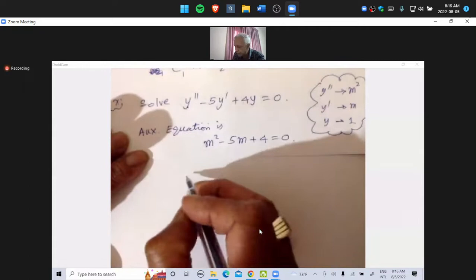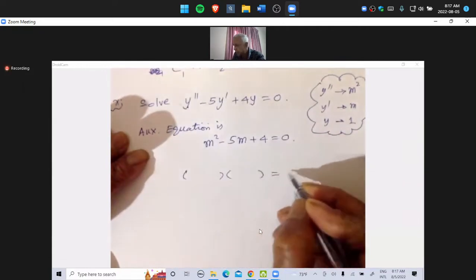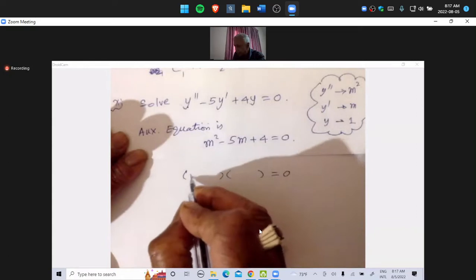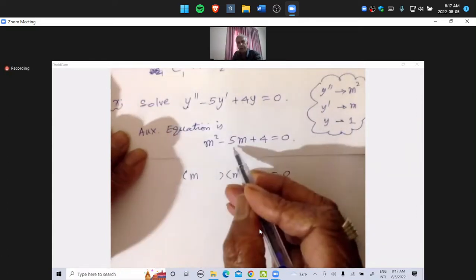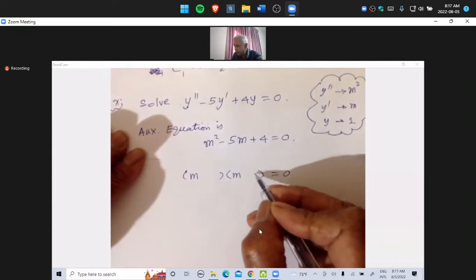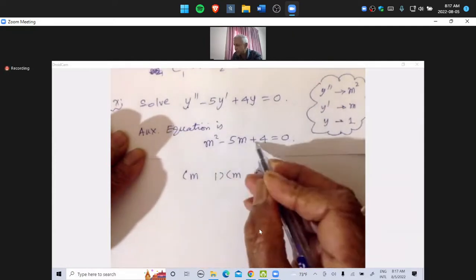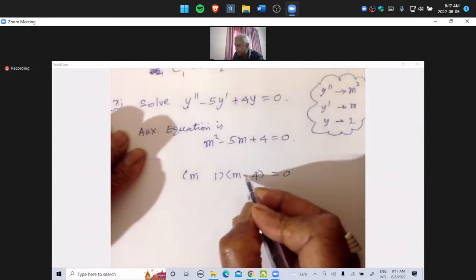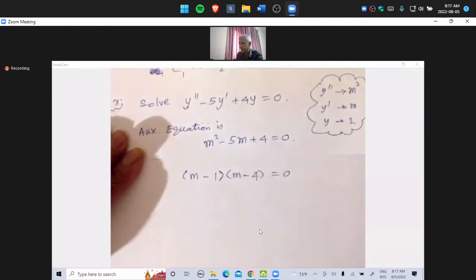Factor this. What are the factors of this? m squared, so m and m, and 4. Here the middle term is 5, so the factors should be 4 and 1. This is plus, this is minus. Therefore, both must be minuses. Just factor the quadratic equation.